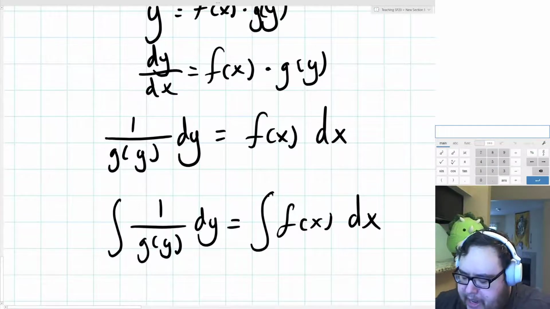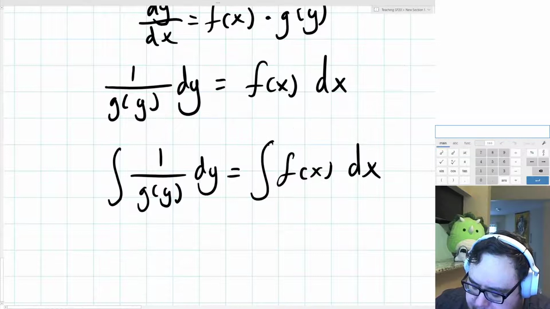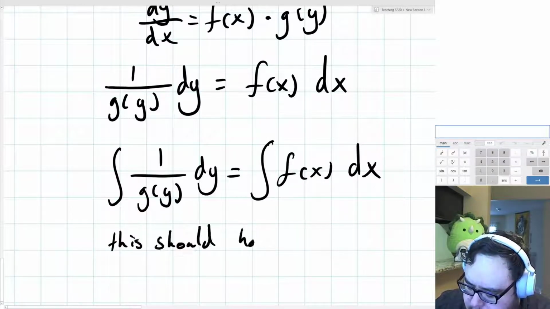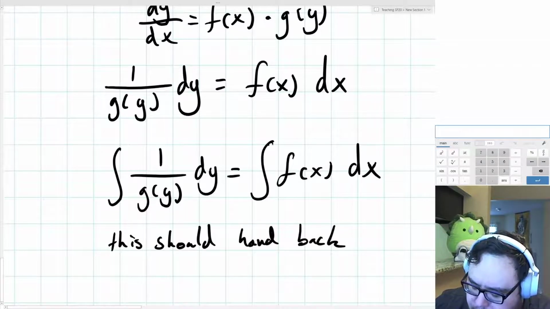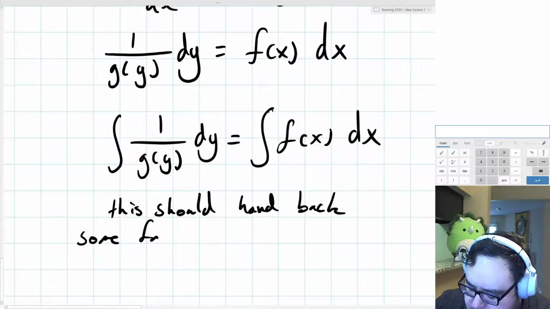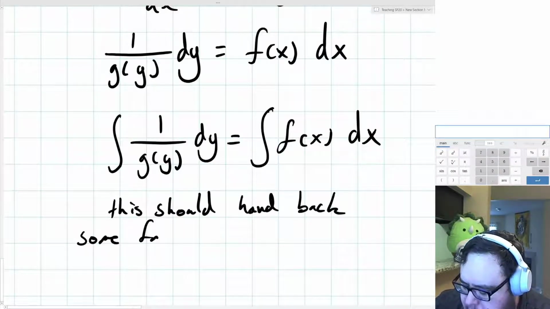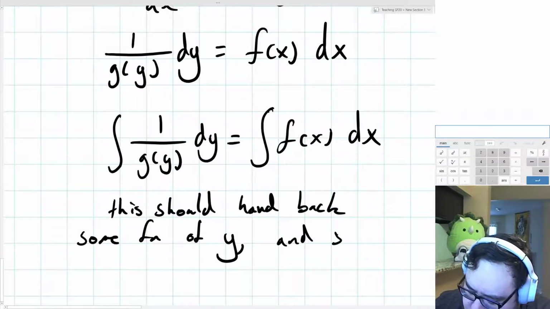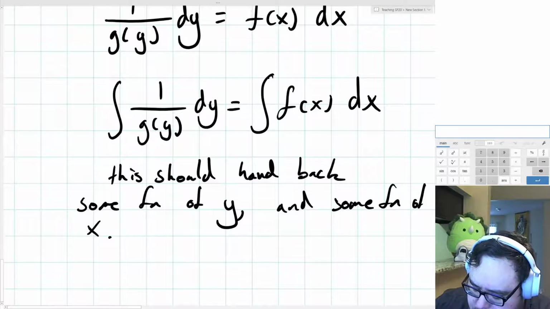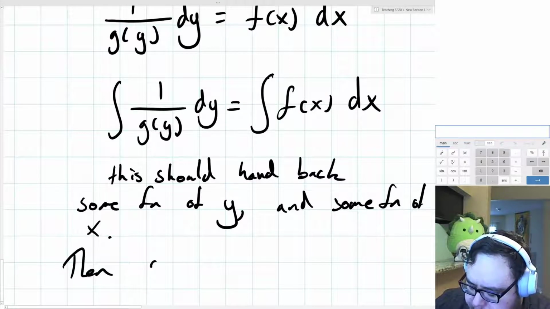And this should hand back some function of y and some function of x. Then solve for y.